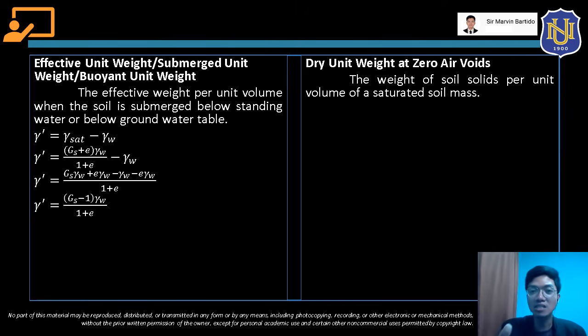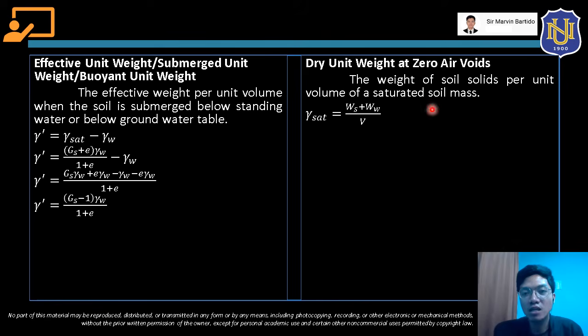Tama? So, dito, class, sa unit weight at zero air voids, yung lupa natin dito saturated, no? Pero yung i-consider natin class na weight niya lang ay weight lang ng soil solid. So, hindi natin i-consider dito class yung weight ng water. Okay, kasi yun yung definition natin dito: weight ng soil solid per unit volume of a saturated soil mass.